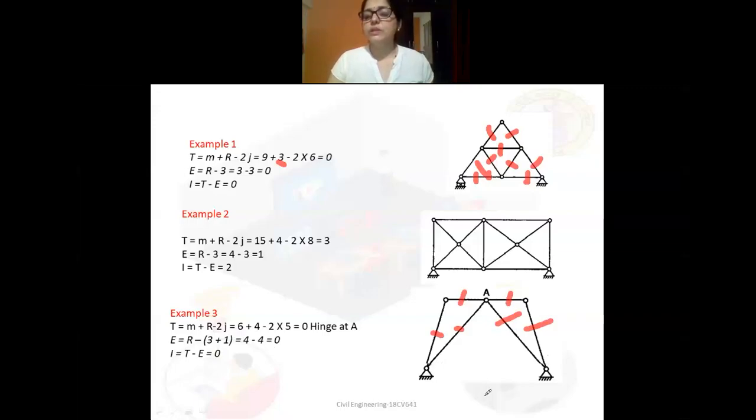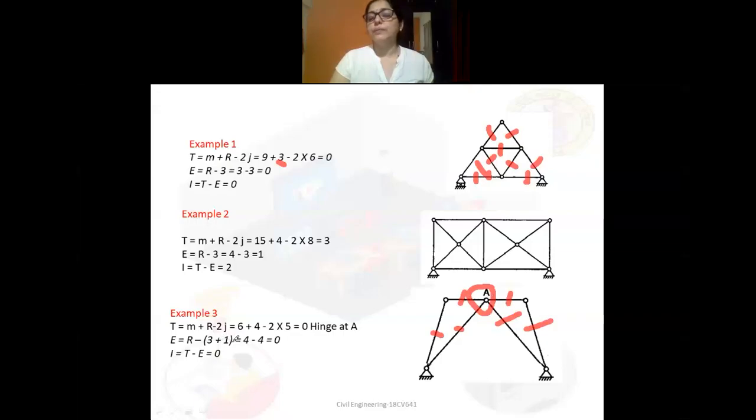Hinge means how many reactions at each joint? 2 reactions, altogether 4. So 6 plus 4 minus 2 into joints 1, 2, 3, 4, 5, which is equal to 0. Right. So E is equal to R minus 3 is the equation, but I have written plus 1 because at support A there is an internal hinge. So that I have to consider.